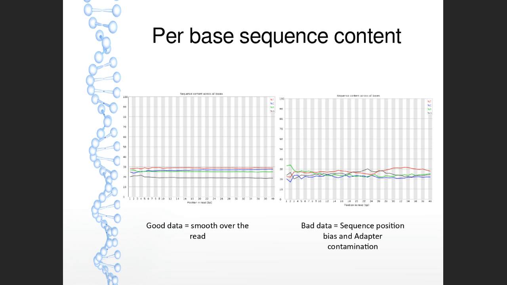So, for example, towards the ends of our reads in this data set, it seems much more likely to get a G at any given base position. Now, that could represent some sort of contamination of our data. It might represent some sort of positional bias caused by library preparation, and it's something that we need to address going forward.